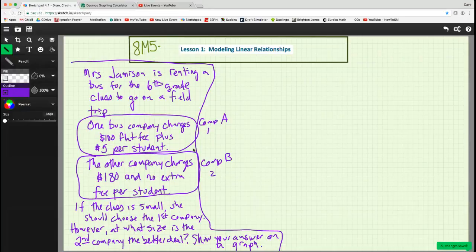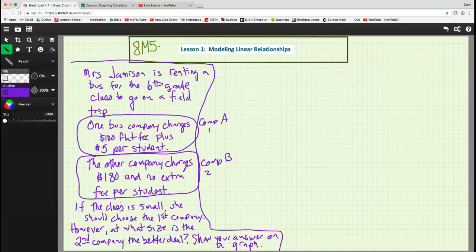Okay, so if the class is really small, obviously you want to go with company A. Let's say you have a 10-person class. It's going to cost $100 plus 5 times 10, which is 50. So that's going to be cheaper for company A than 180. But if the class gets really big, then company B is a better deal because after you get enough students, you're going to pass this $180 price.